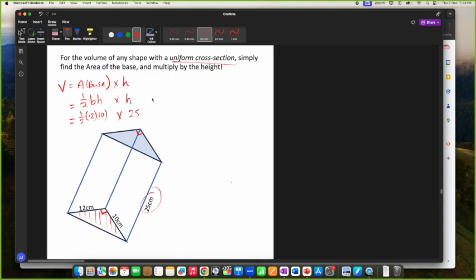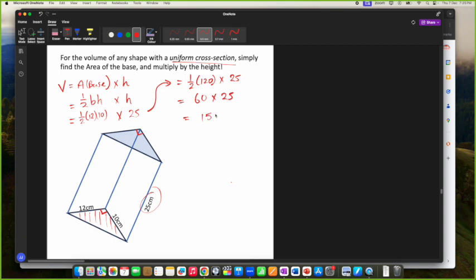So you'll see here, what do I end up getting? A half of 12 times 10 is 120 multiplied by 25. A half of 120 is 60, multiplied by 25. 60 times 25 is 1500.